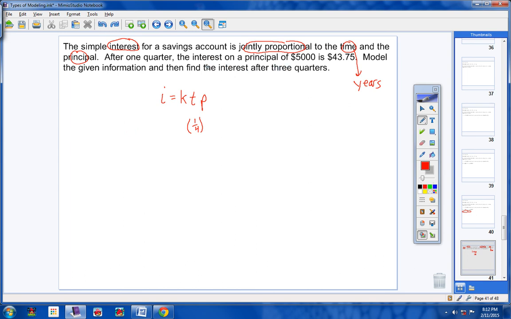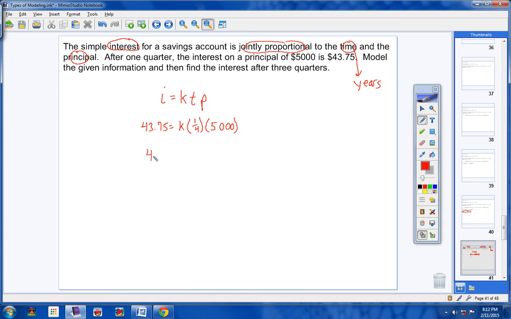It says the interest on a principal of 5,000 is $43.75. So your interest is $43.75, okay? So the interest on a principal of 5,000 is this. So your principal then is going to be 5,000. There we go. Guys, the only thing left to solve for is K.